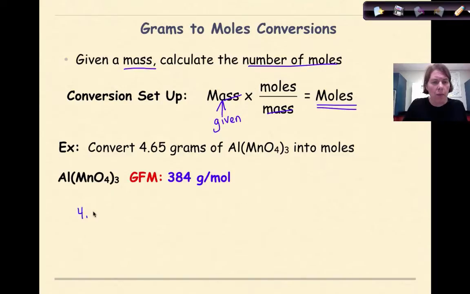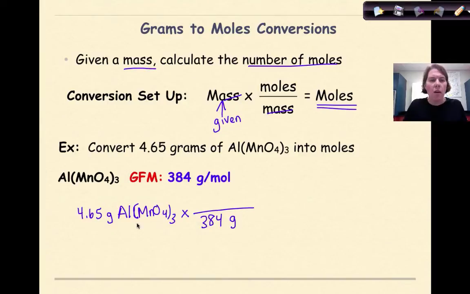So 4.65 grams of AlMnO43 times, now I'm starting with grams, which means grams is going to go on the bottom. So 384 grams of AlMnO43 is equal to 1 mole of AlMnO43.